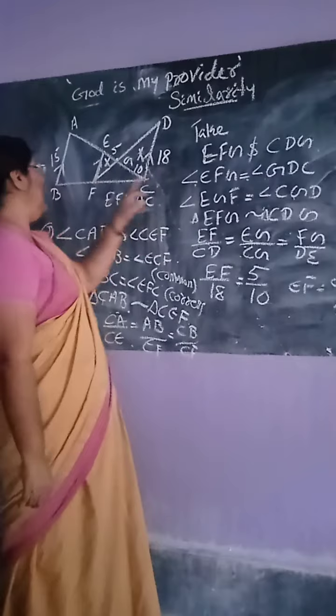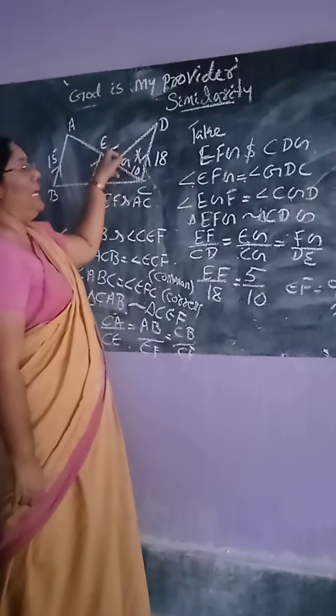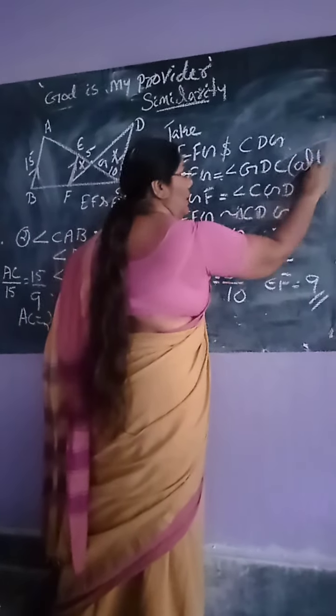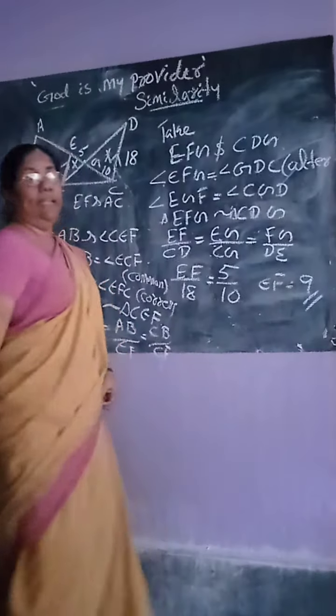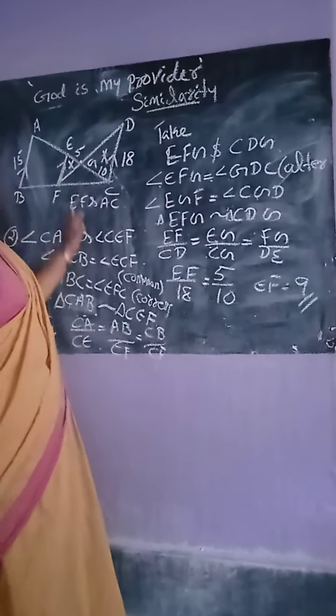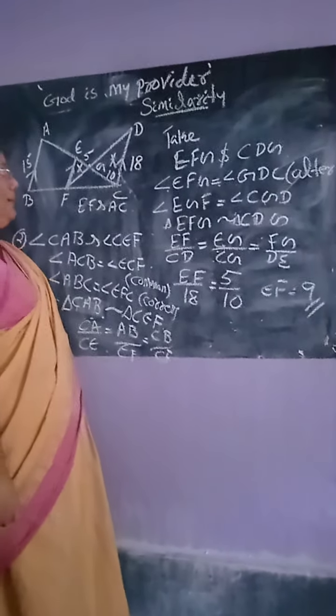Angle EFG equal to CDG, they are alternate angles. What is the reason? Alternate angles. The condition given in the question is that these three lines are parallel. Therefore, this FD is the transversal, and these two are alternate angles.